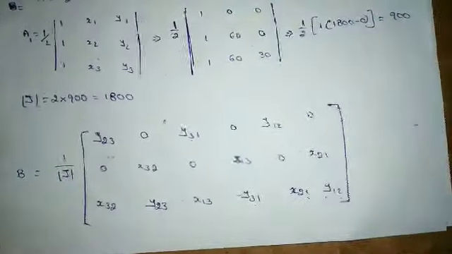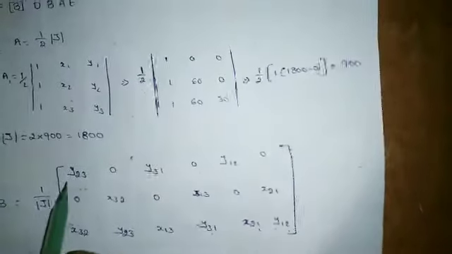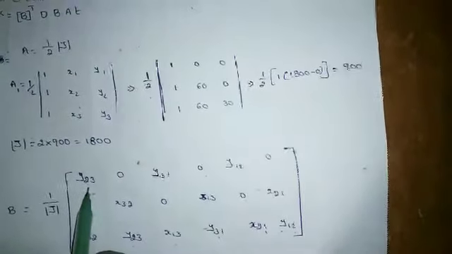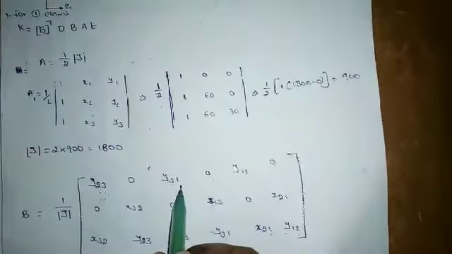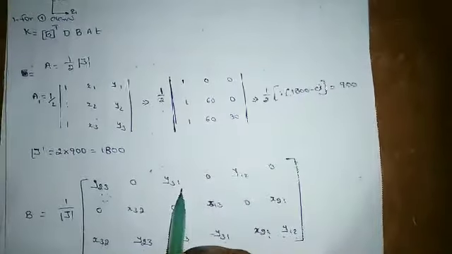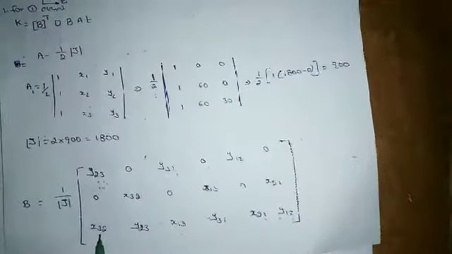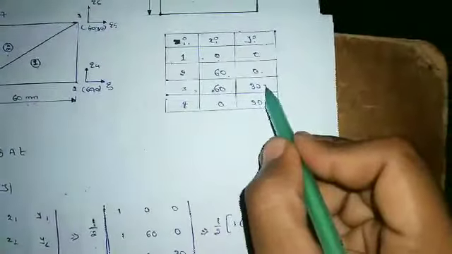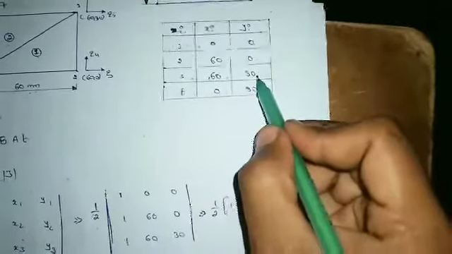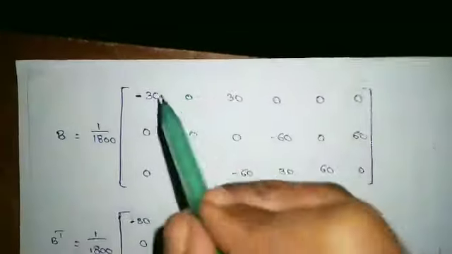In this problem, y23 means y2 minus y3, y31 means y3 minus y1, and similarly x32 means x3 minus x2. For example, for y23, what is the value of y2? 0. y3 is 30. 0 minus 30 means minus 30. You keep minus 30 here.